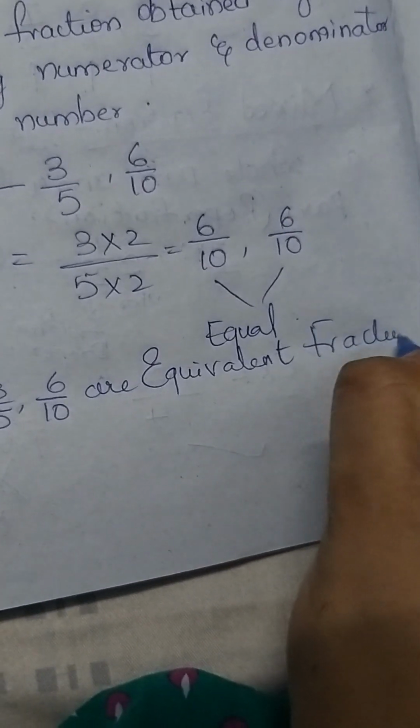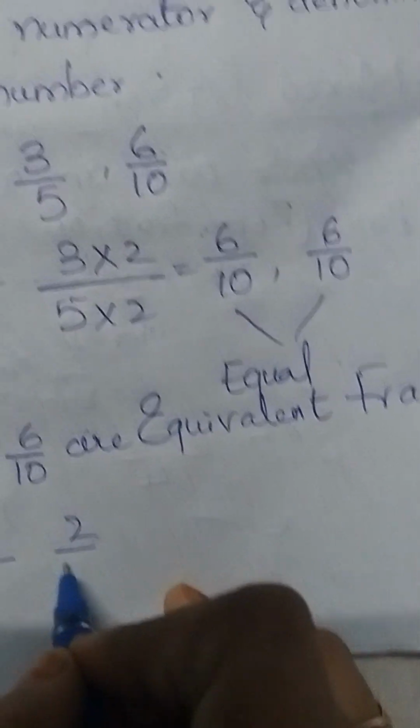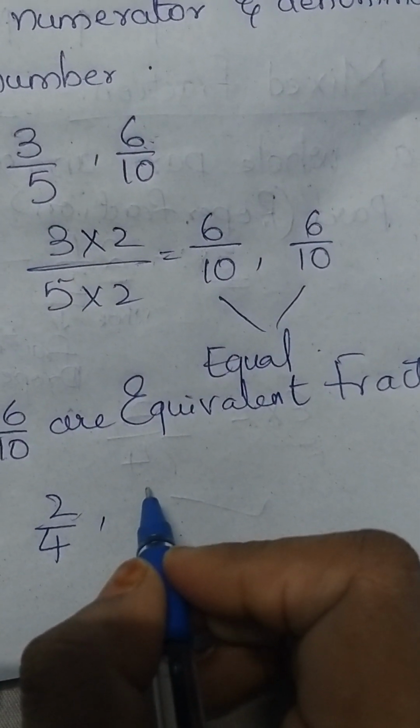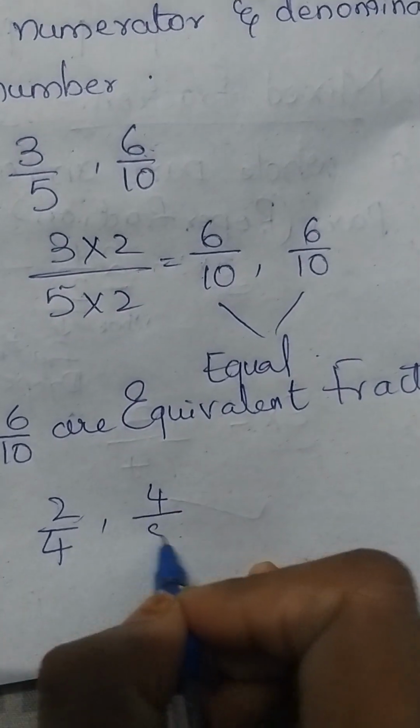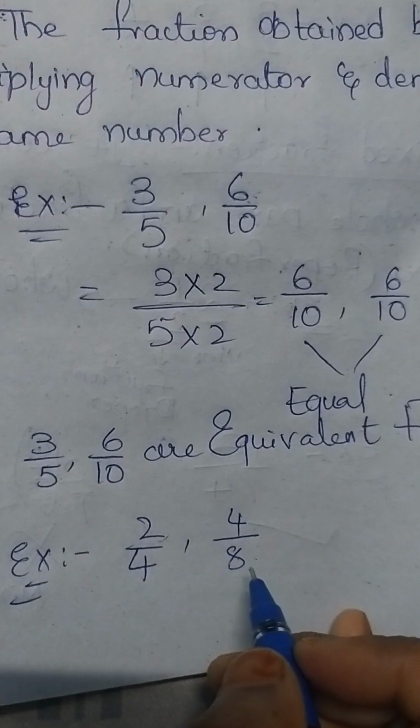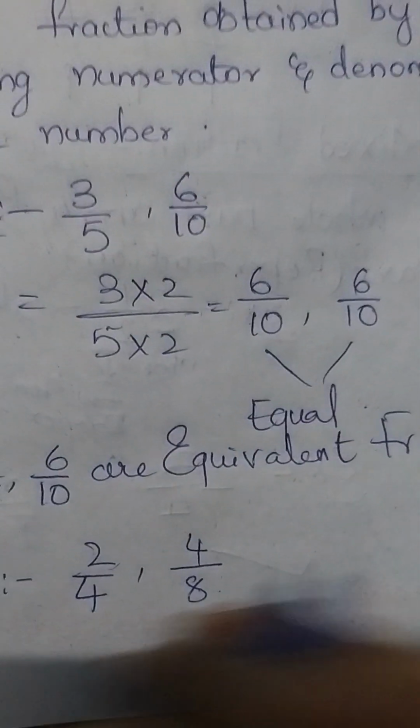Equivalent fraction, children. Okay. Now another example, you can see how. See here, 2 by 4 and 4 by 8. Is it an equivalent fraction or what? Let me show how you can do this.